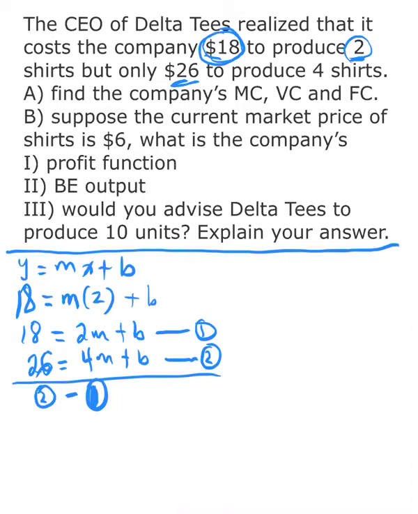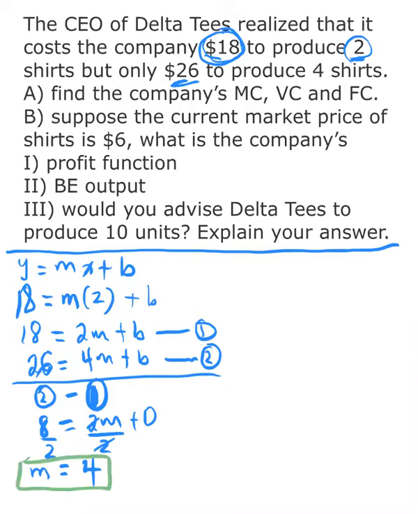So 26 minus 18 gives you 8, which is equal to 4m minus 2m, that gives us 2m. b minus b is 0. Now divide through by 2, and m is equal to 4, because 8 divided by 2 is 4. So that is our marginal cost.